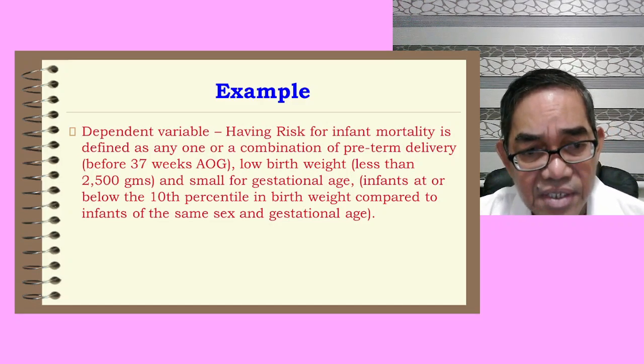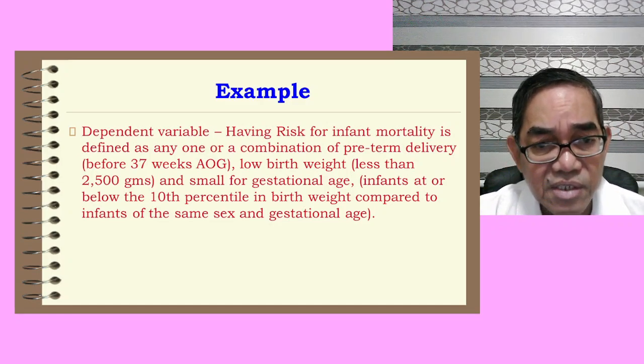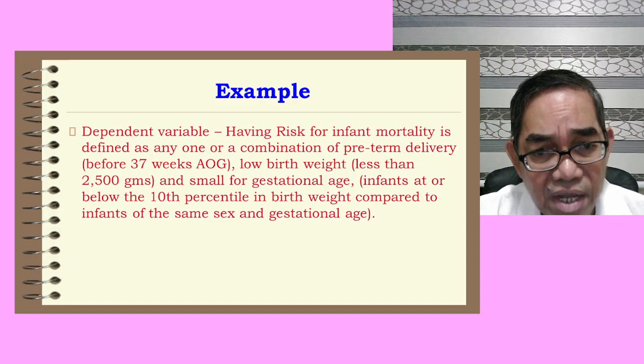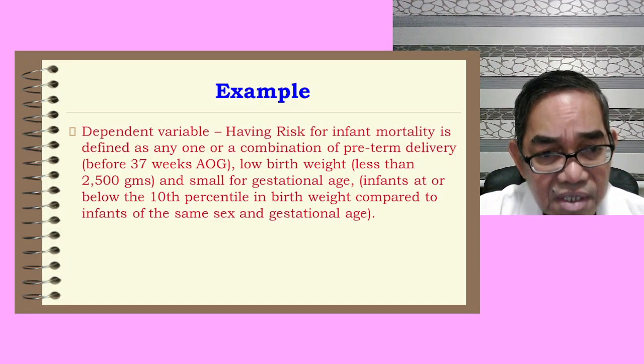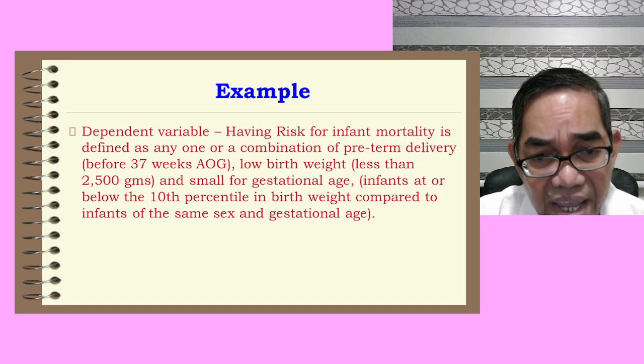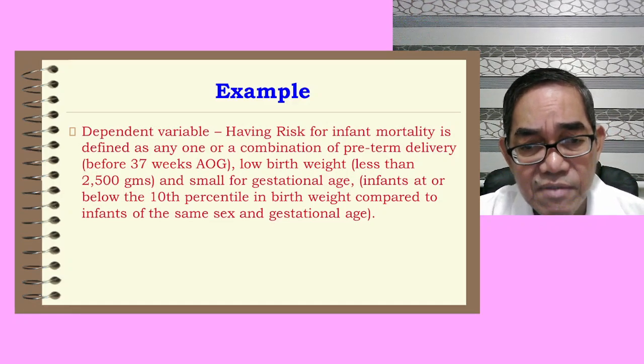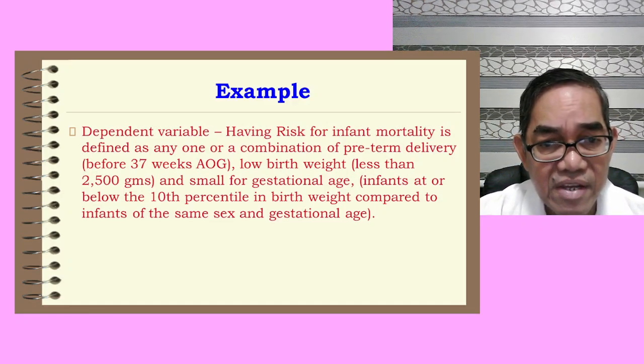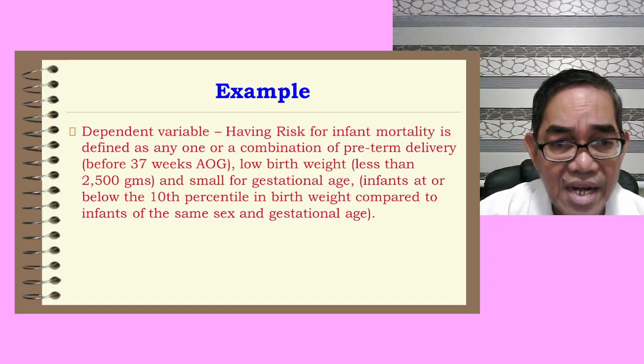So this is the having risk. Any one or a combination of infants having these criteria, before 37 weeks, low birth weight, and small for gestational age, will be classified as having risk for infant mortality.